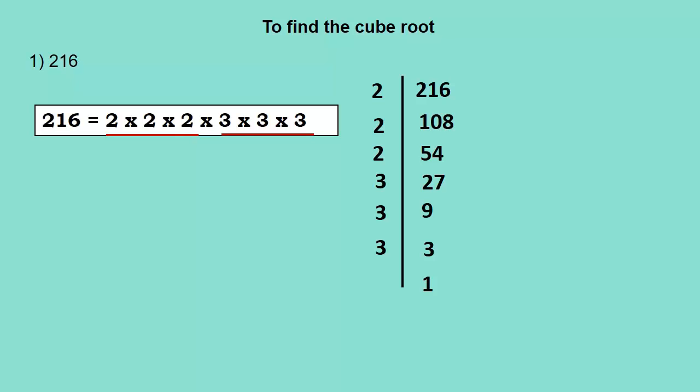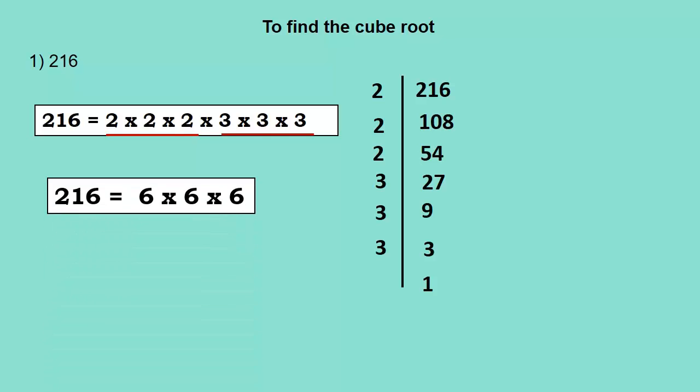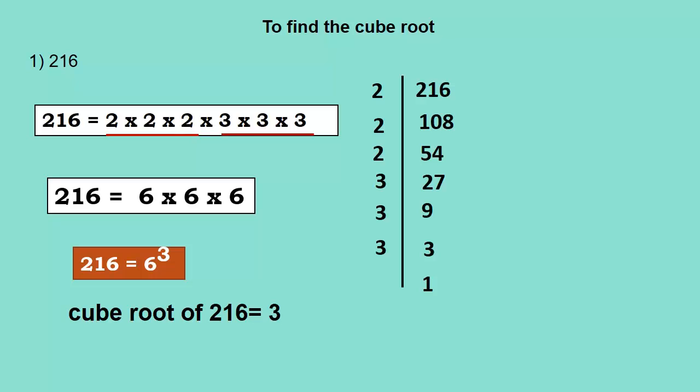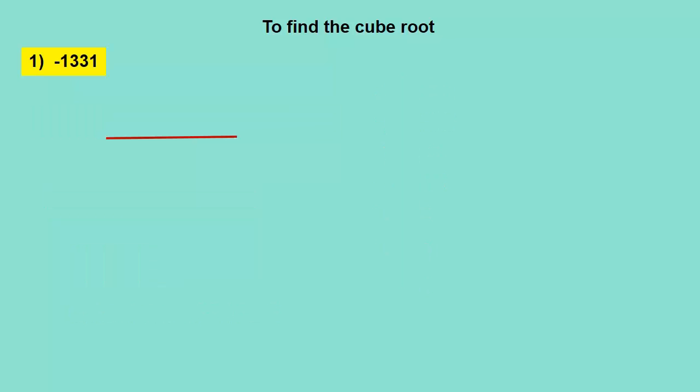Like in square root we take pair of that number, here you can take trios of that number. So from first trio it is 2 and from here is 3. So it is 6. Or you can multiply 2 by 3 is 6, 6, 6. This also will do. That means 216 is nothing but 6 cube and hence cube root of 216 is 6.